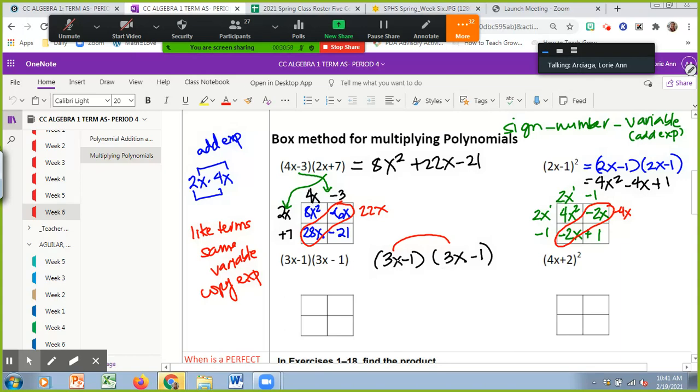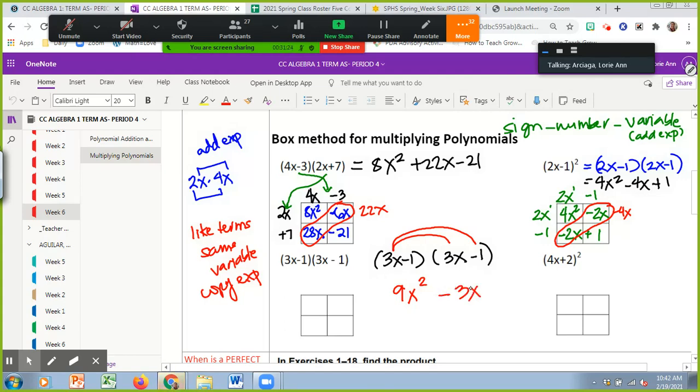So 3x times 3x, that's going to be 9x squared, right? And then you add the exponents too. Okay, make another rainbow from the same beginning to the next one. So 3x times negative 1, remember, sign, number, variable. The sign will be negative. The number is 3 times 1, so 3.